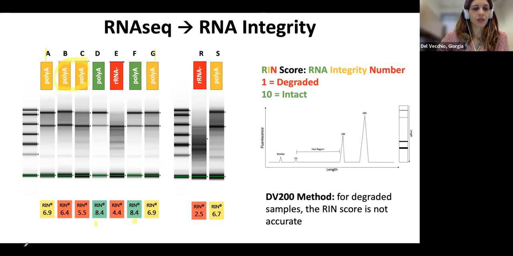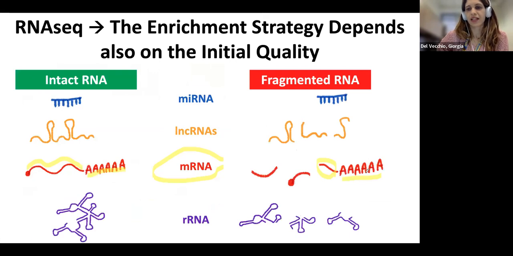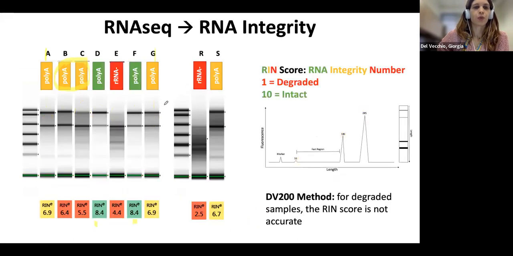That's because when the RNA is fragmented, we don't have the whole transcript attached to the poly-A tail, so most of the information will come from the 3' end. So we can still perform a poly-A capture, but the data might not be great.